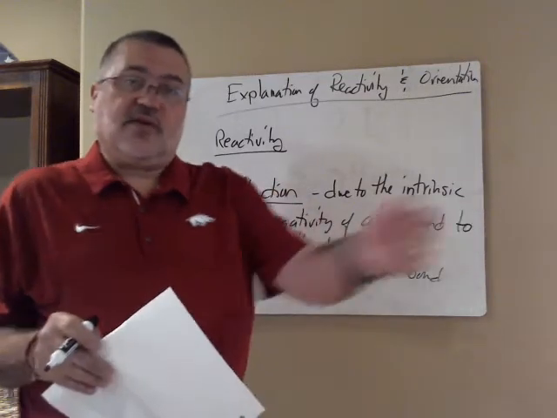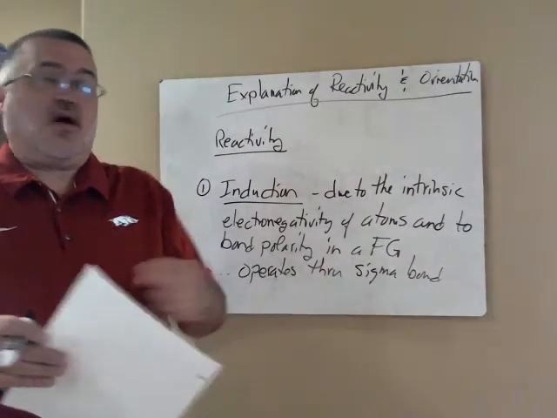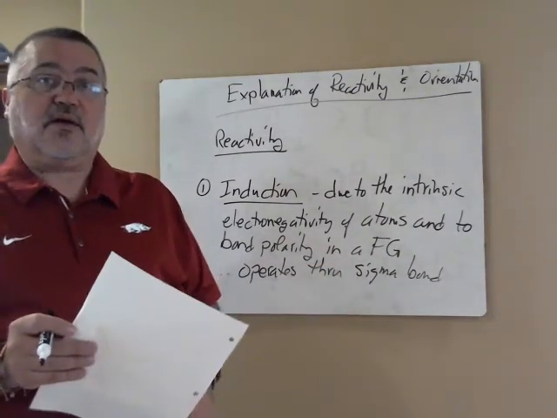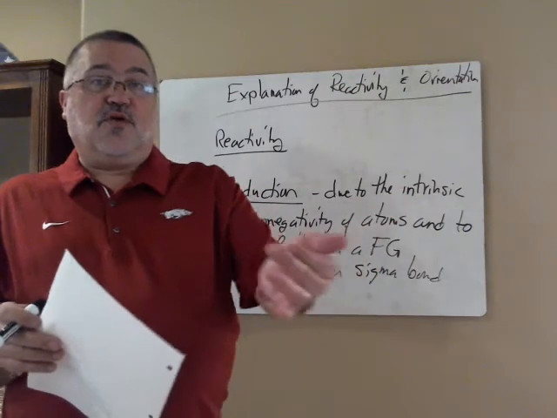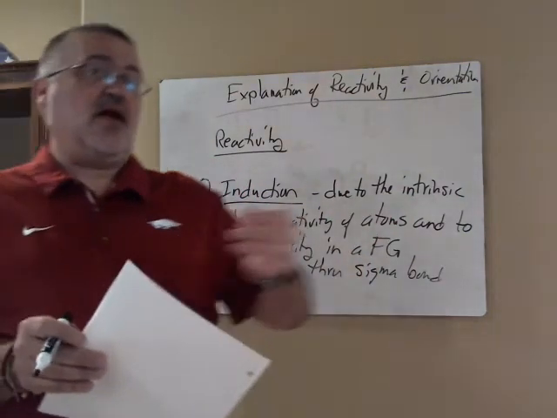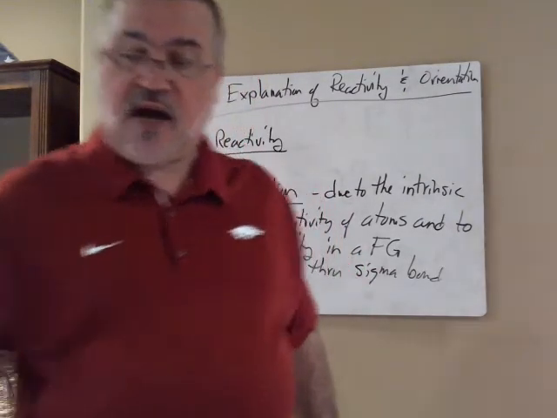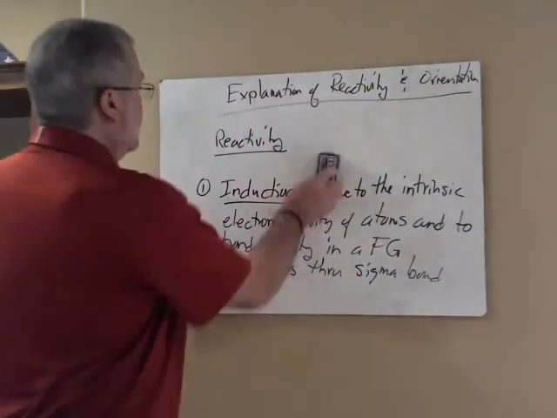If that's the case, the electrons are going to be pulled towards the one that's more electronegative. That's going to cause bond polarity, okay? And it will either remove electron density from the ring or donate it into the ring. Okay, so the important thing to remember is it operates within a sigma bond.